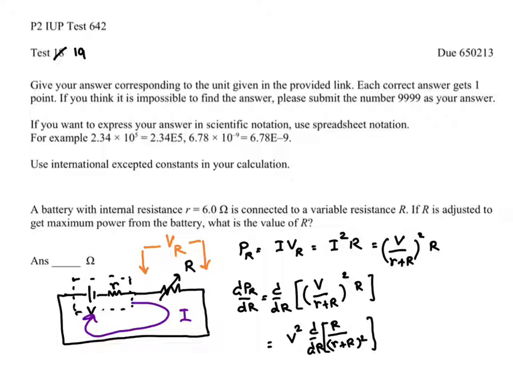We can also write VR equal to I times R, from Ohm's law.